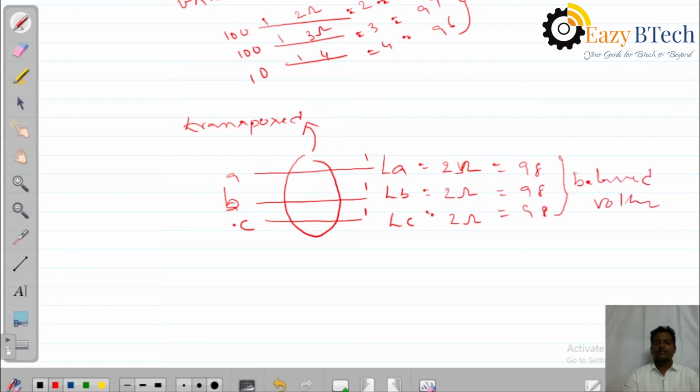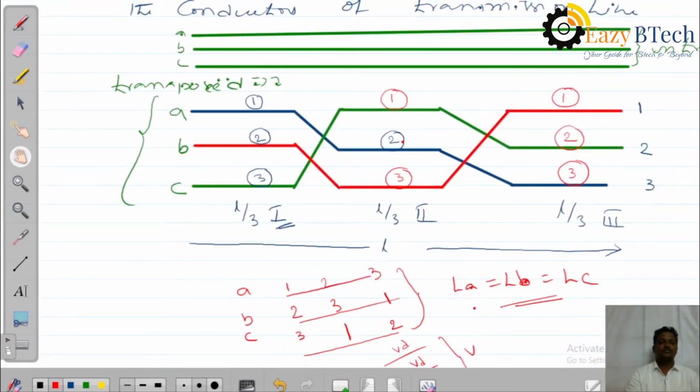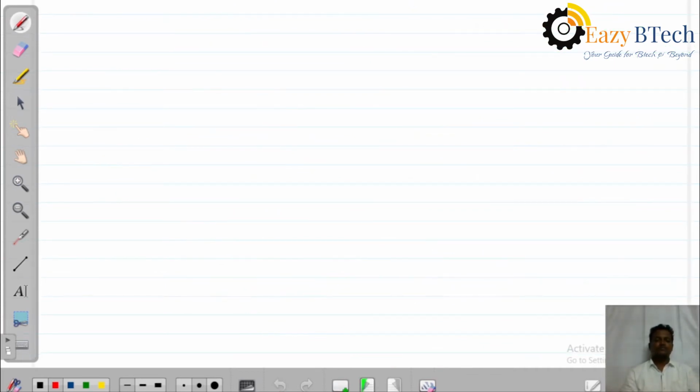For making balance, we have to make the inductances the same. How can we make the inductances the same? With the help of this transposed system. By doing the transposition, the inductance values are the same. Now we will discuss the advantages of this transposition.